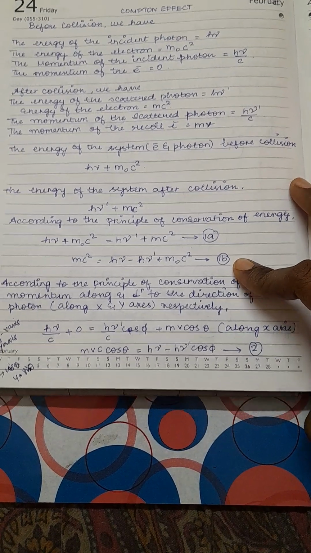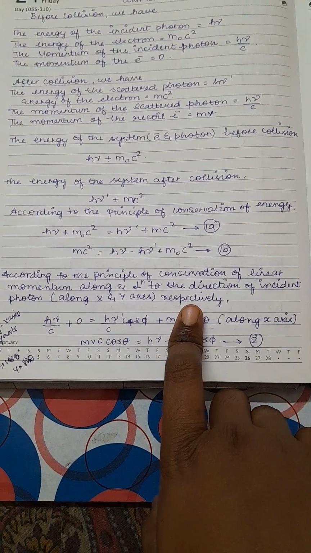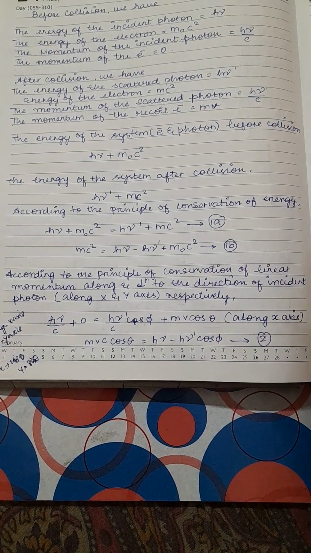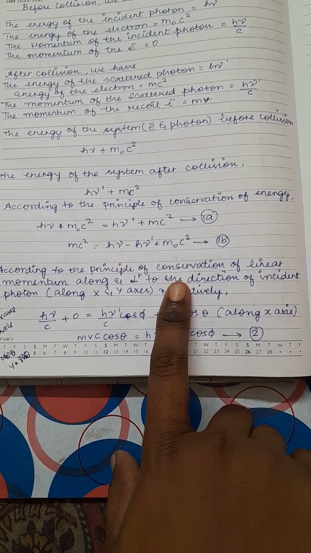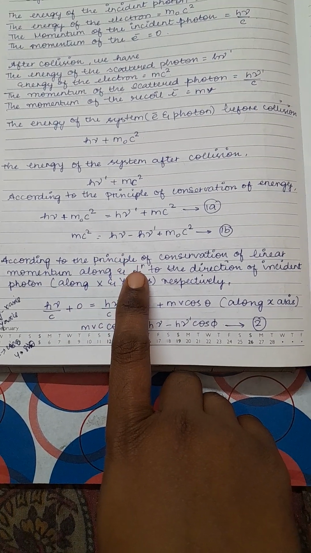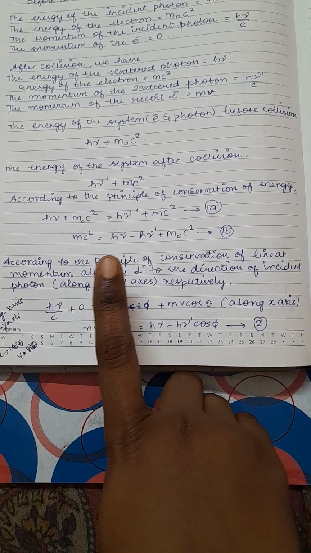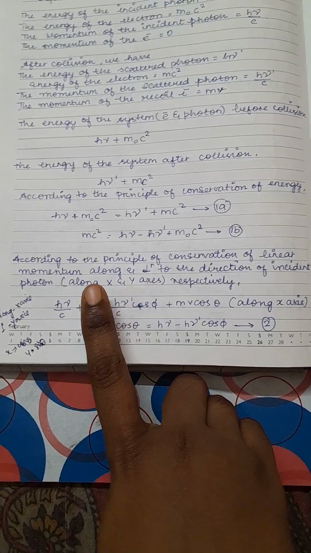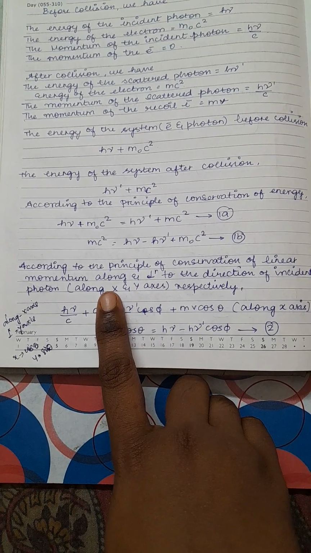Now we are going to consider the conservation of momentum part. Here the whole reaction is in linear momentum. So according to the principle of conservation of linear momentum, along as well as perpendicular to the direction of the incident photon, we are going to consider the x and y axes. Okay, so what will happen along the x axis?